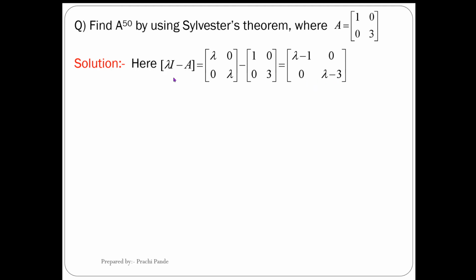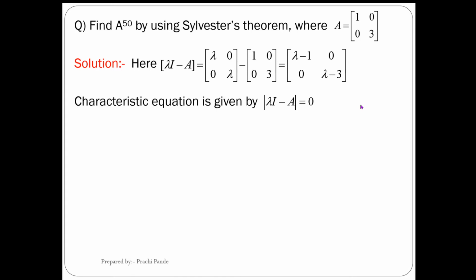Now I will suggest a simple trick to obtain the matrix lambda I minus A: subtract the diagonal elements from lambda and change the sign of non-diagonal elements of matrix A. Here the non-diagonal elements are 0, so there is no need to change their sign.